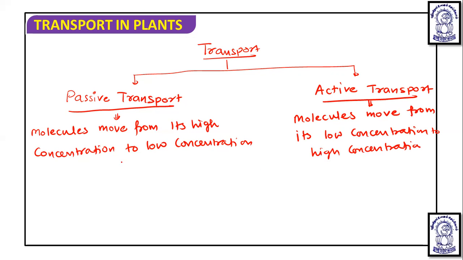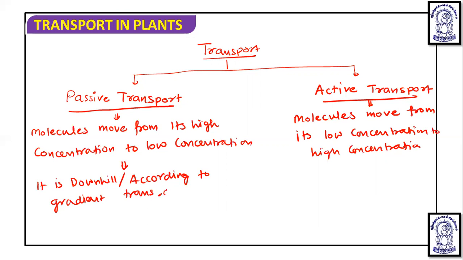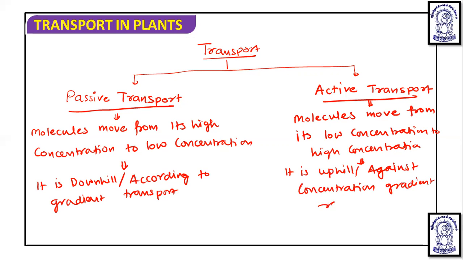So when a molecule is moving from higher concentration to lower concentration, it is downhill, or we can say according to gradient transport. Whereas here the molecules move from low concentration to higher concentration, so it is uphill or against concentration gradient transport.